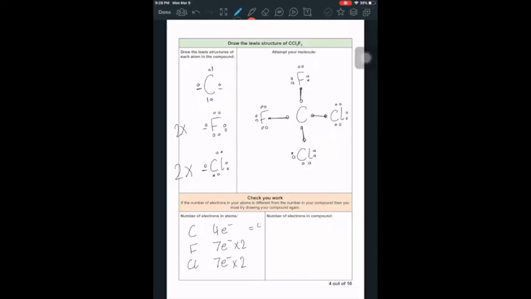So here I have 4, I have 14, and I have another 14. 8, 9, 10, 11, 12. Okay, so I should have 32 electrons in total, right? Then here I'm going to start adding up the number of lone pairs.